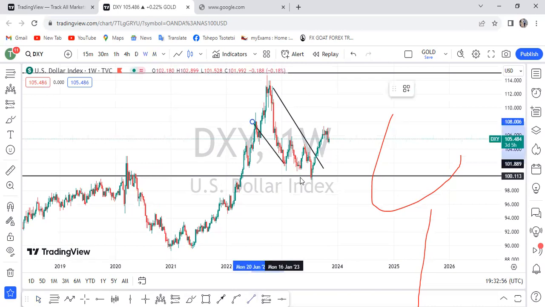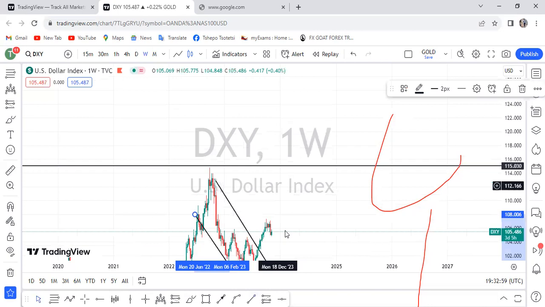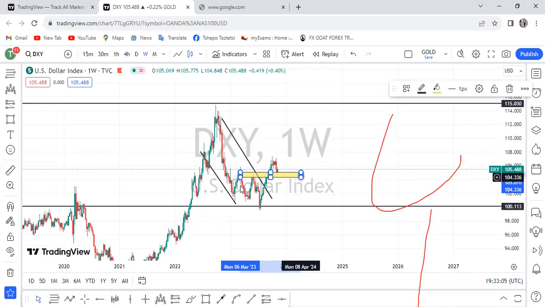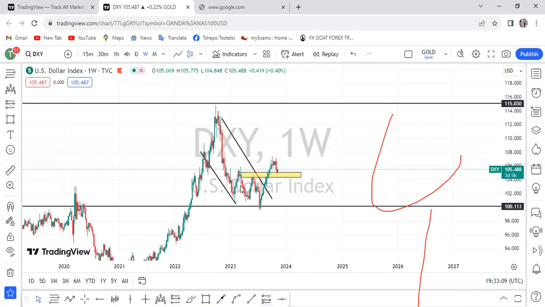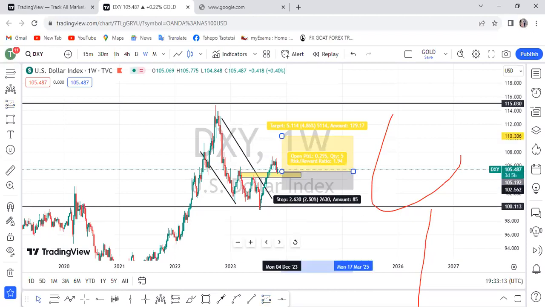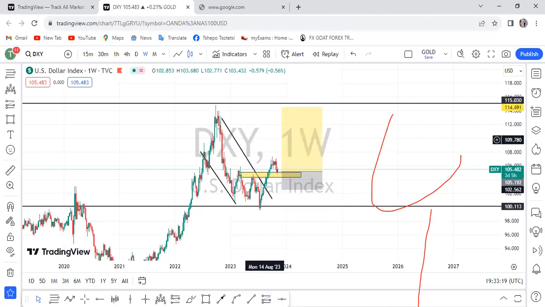So now it broke the previous high, came back and retested. So what do we expect? I'm expecting to buy from here, I'm expecting to take my buys from here until this level. I'm expecting to buy dollar. So I'm expecting the dollar to gain strength on a bigger time frame.